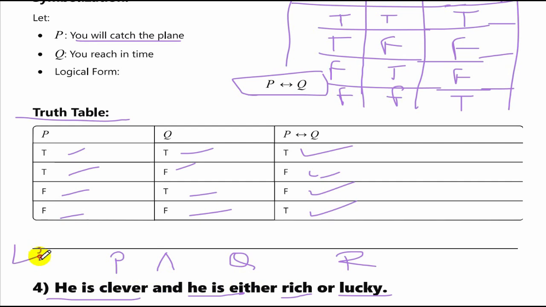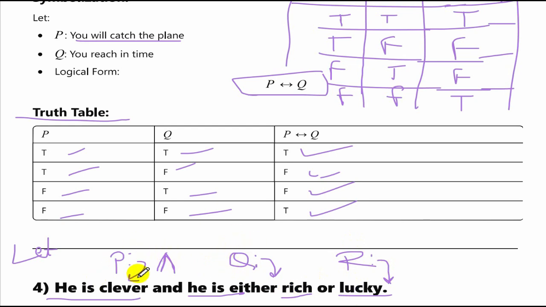So P, he is clever. Let P be he is clever, and AND is symbolized like this. He is rich. So let Q be he is rich, and R be he is lucky. So you have to write the whole thing. He is lucky, not just lucky. In my earlier video, I had shown L is lucky, R is rich, and C is clever.